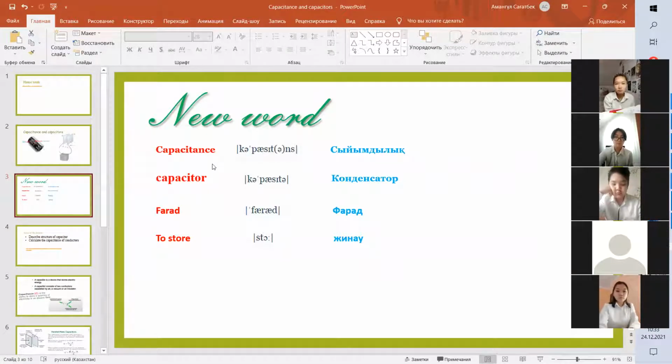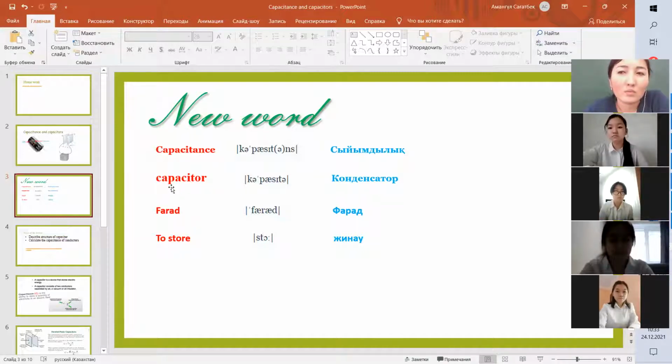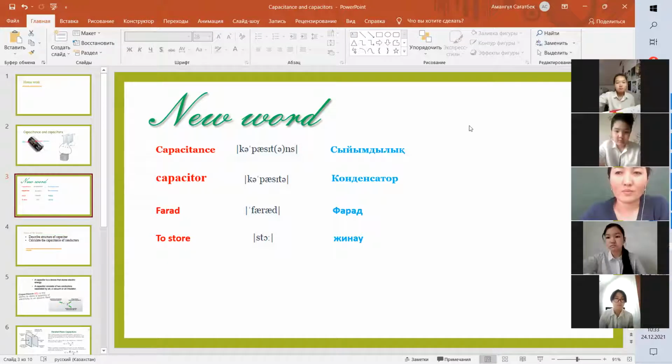Who can read? Ghaziza? Capacitance. Yes. The second, Muhammad? Capacitor is condensator. Yes.